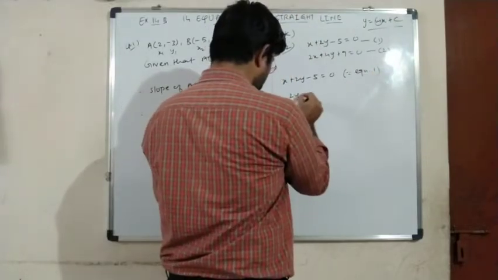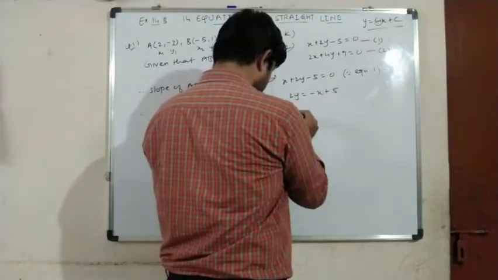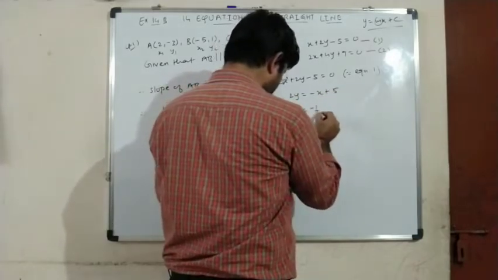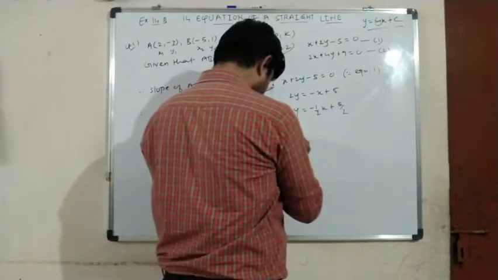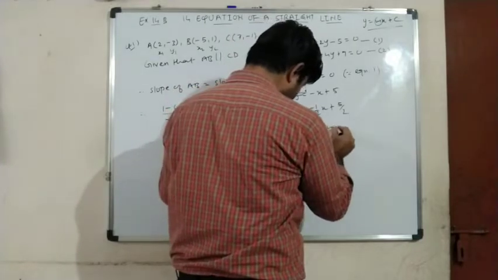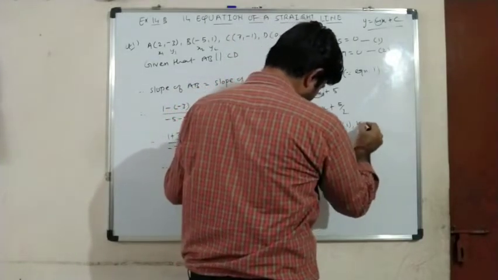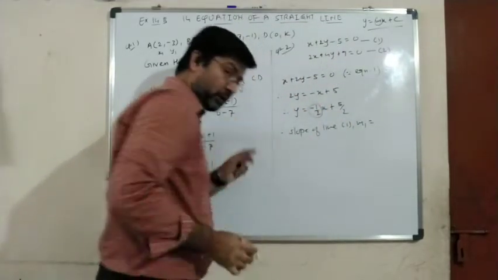Therefore 2y is equal to minus x plus pi, and therefore y is equal to minus 1 by 2 x plus pi by 2, and therefore slope of line 1 denoted by m1 is equal to, that is the coefficient of x.